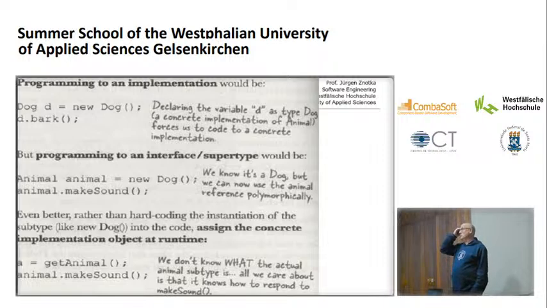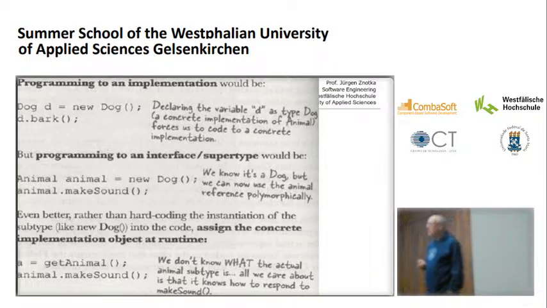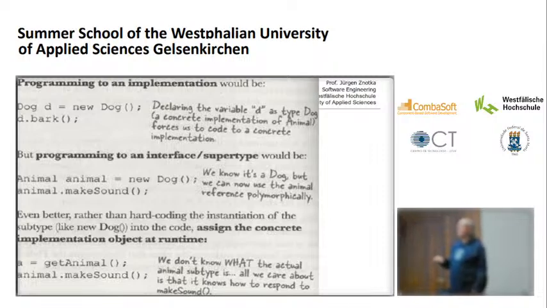So you program to an implementation, to a concrete dog. With an interface, you have an animal, and the animal is a new dog. And now this animal makes a sound. You can implement the sound differently. If you have another animal, maybe a cat, the cat is making a different sound. But better is, give me an animal, and this animal will make some sound.